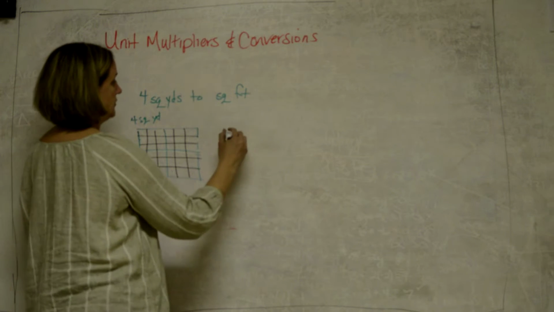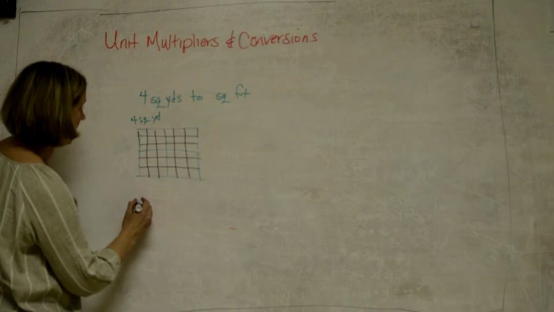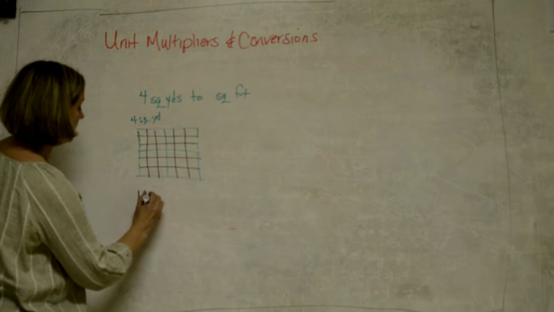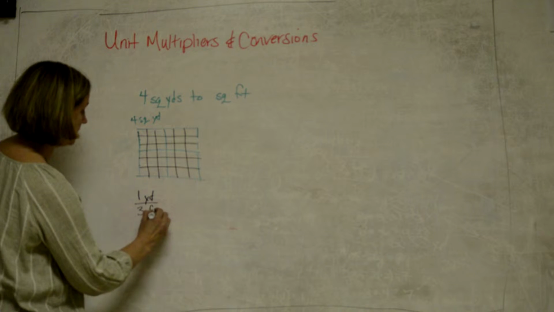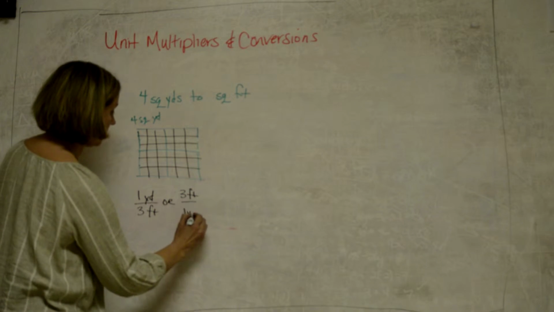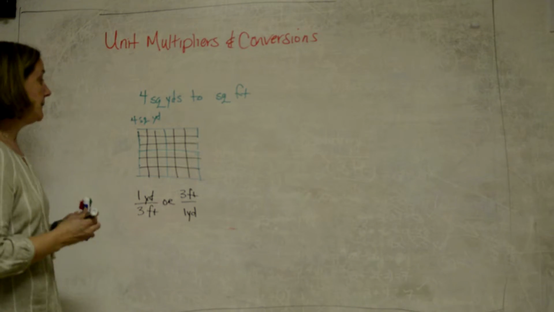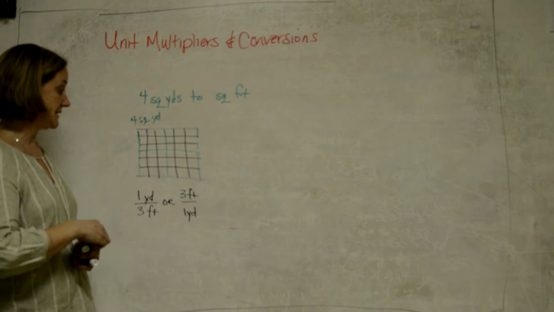So the way we do this is, first of all, I have my unit multipliers. I either have 1 yard is equal to 3 feet, or 3 feet is equal to 1 yard, right? And because I want to get rid of the yards, I'm going to choose the one with the yards in the denominator.